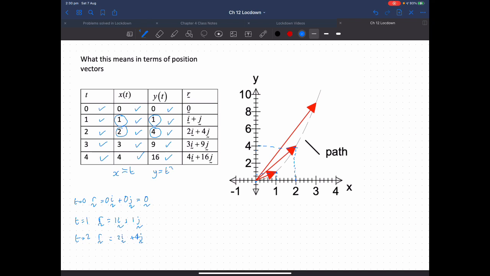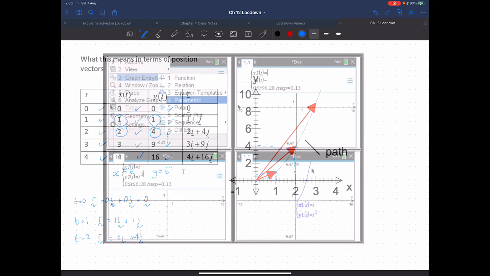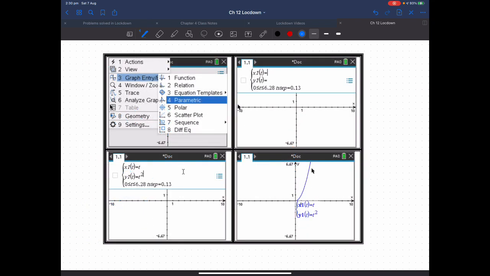Now we'll consider the calculator. On your screen you can see my calculations on my calculator. So I have gone to a graph screen. I've selected the menu, then from menu on graph entry I have selected parameter.